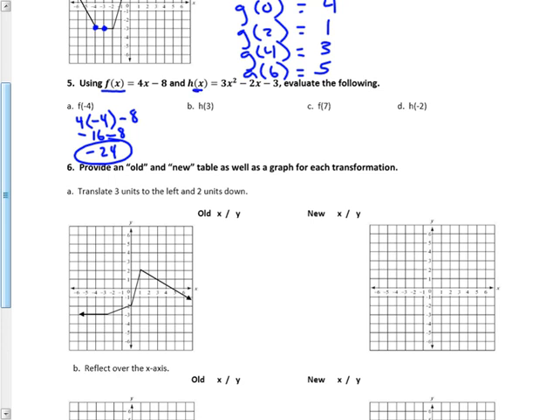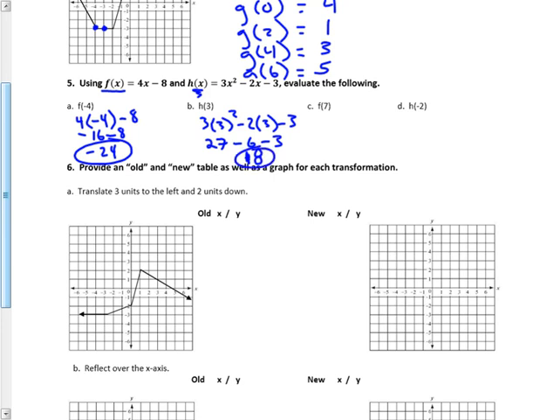H of 3, so I'm using the h function. So I've got 3 times 3 squared minus 2 times 3 minus 3. 3 squared is 9. 9 times 3 is 27 minus 6 minus 3. 27 minus 6 is 21. 21 minus 3 is 18. I was going to write -18, but it's not negative. It's a positive.